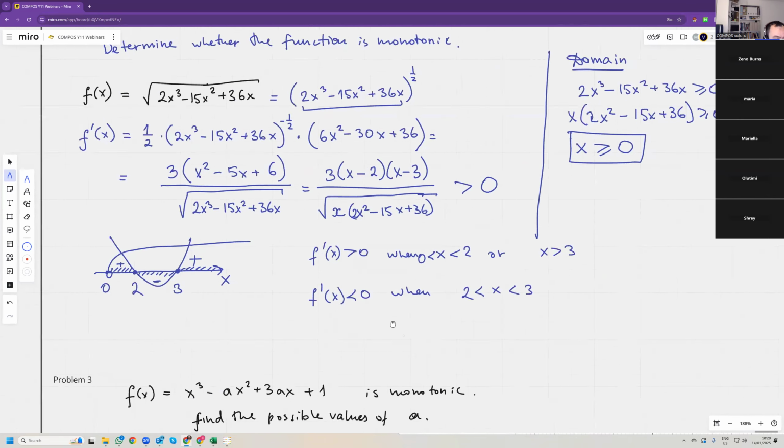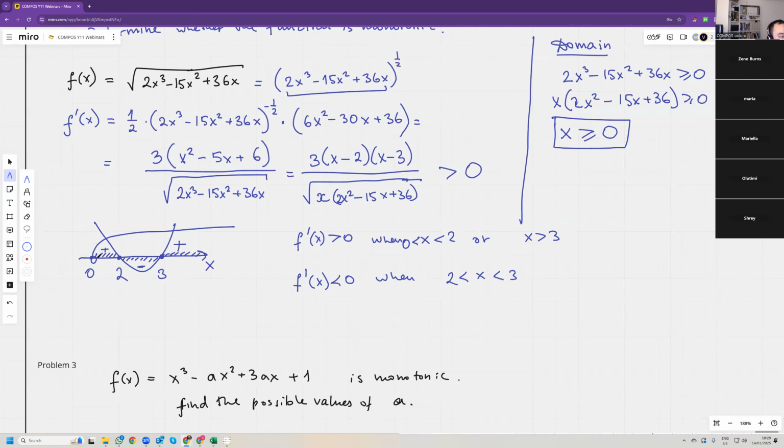That means the function is increasing from 0 to 2 and from 3 to plus infinity. So the answer: increasing for x belongs to from 0 to 2 or from 3 to plus infinity. Decreasing when x between 2 and 3.